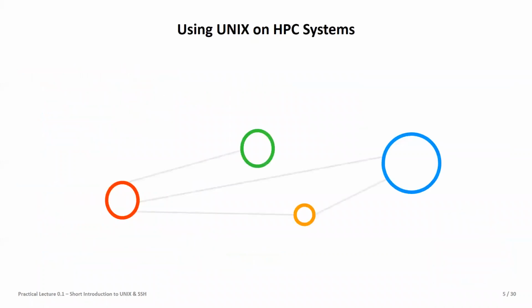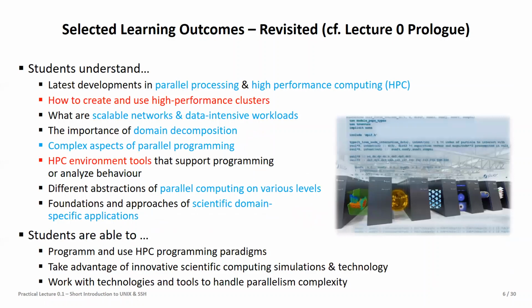So what about UNIX and HPC systems? This is really a core ingredient in the environmental tools. Windows had some HPC servers, and they still exist, but this is really rare. So learning UNIX is perhaps the most important HPC environment tool, because the majority of systems you access are UNIX.